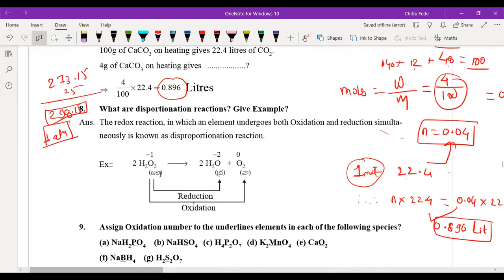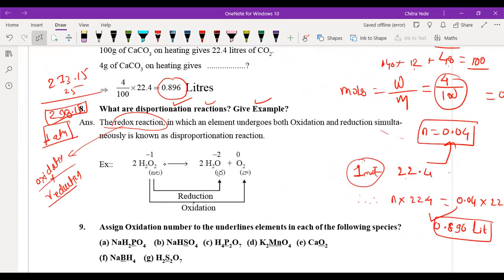So the question is given: what is a disproportionation reaction? Give an example. Redox reactions are those in which oxidation and reduction take place simultaneously.